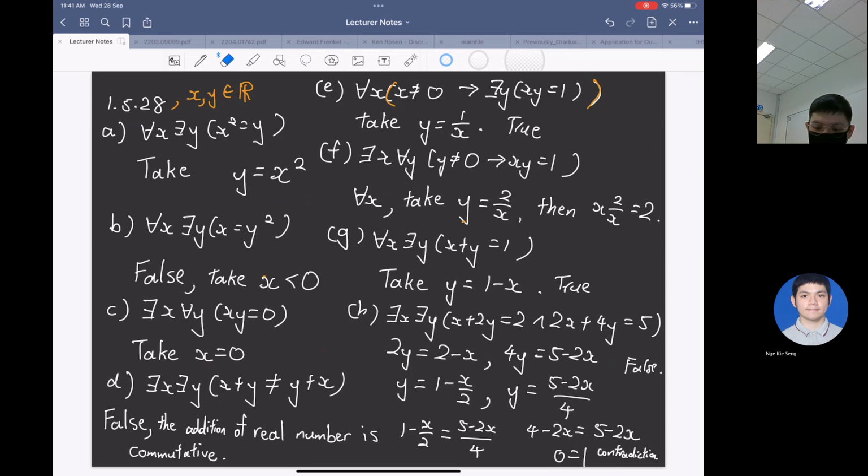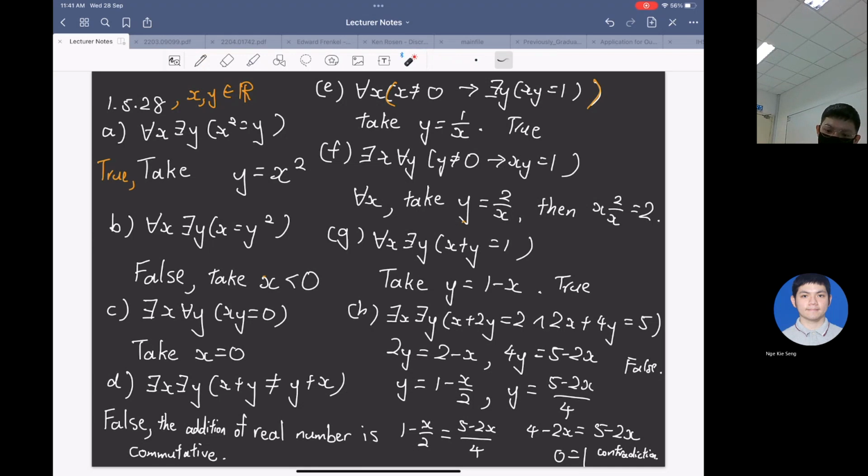So 1.5.28, we pick x and y from the real numbers. The first question is, for every x there is a y such that x squared equals y. Is it true or false? True. Why is it true?